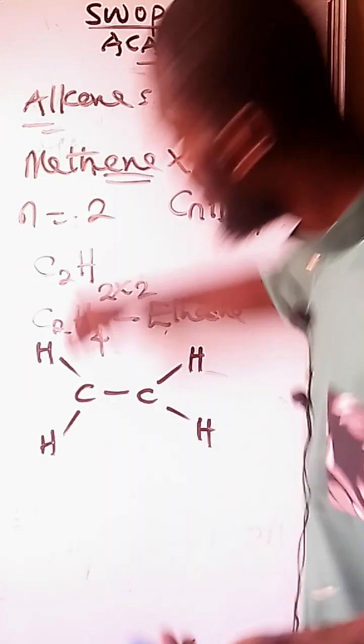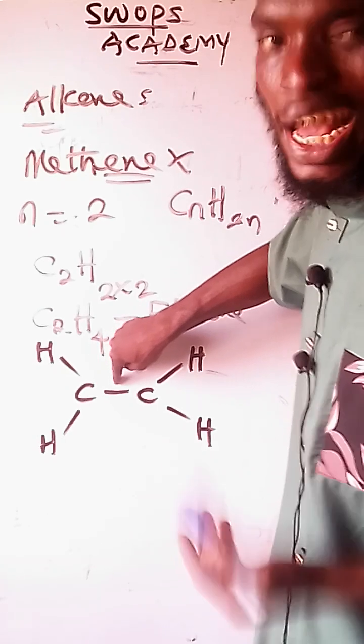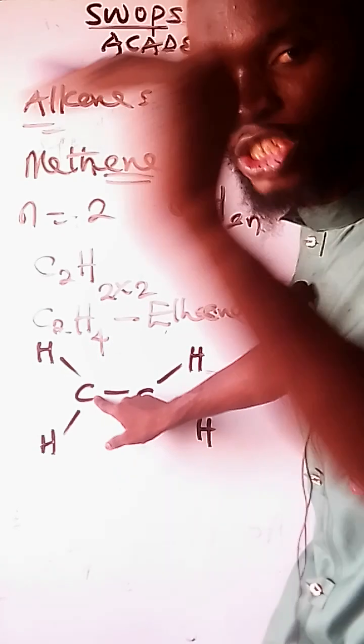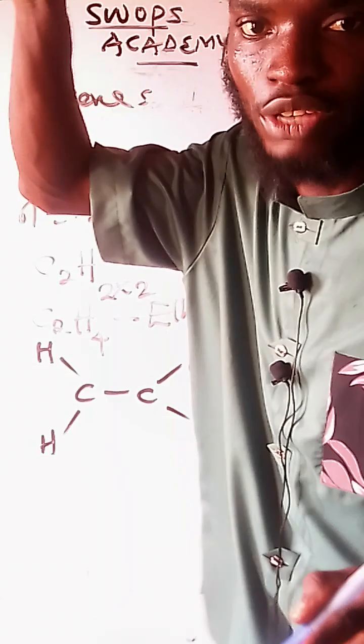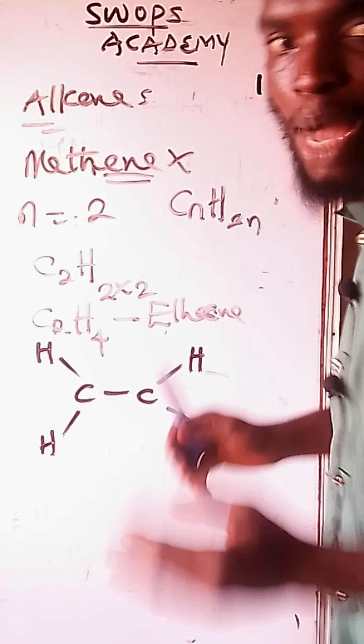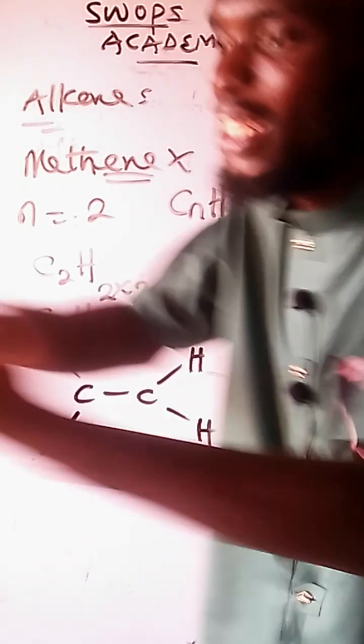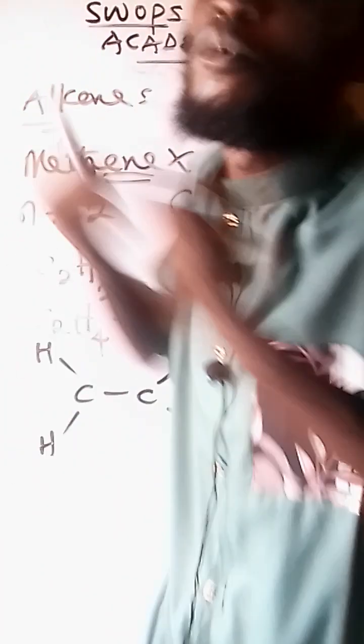It's not. Let's count. 1, 2, 3 plus this hidden hydrogen. The rule says a single carbon should have 4 hydrogen attached to it. So let's check this one. 1, 2, 3. That means this compound is unsaturated.